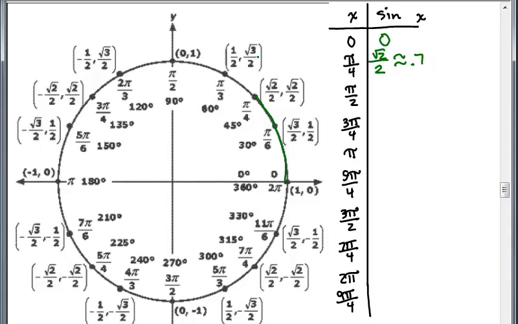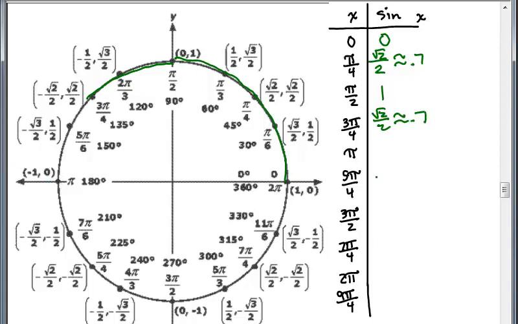All right, how about if I keep going? I want the sine of this, the y value is 1, so the sine of pi over 2 is 1, etc. So you can go through and do all of those. Let's say you go over here to 3 pi over 4, the y value is square root of 2 over 2, again approximately 0.7.